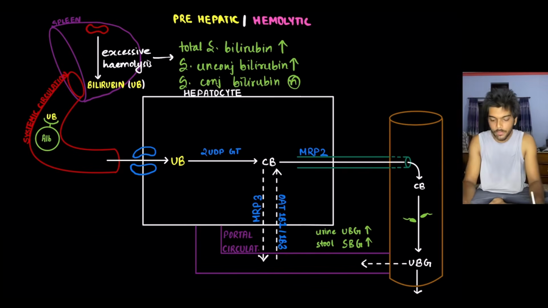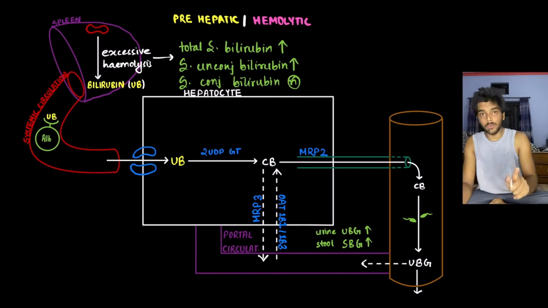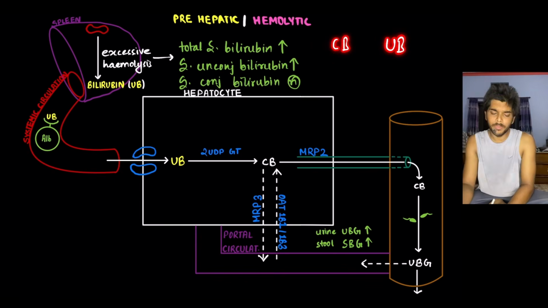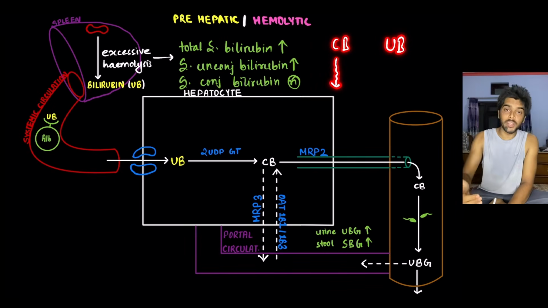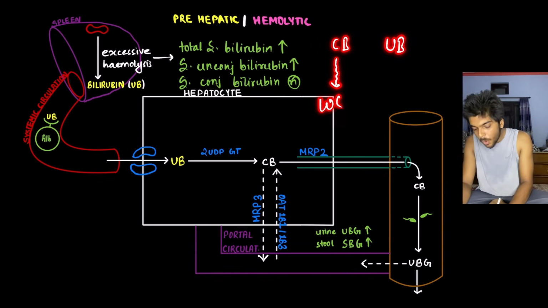Okay, now the presence of bilirubin in urine, is it there or not? See, I've already taught you that bilirubin is of two types, conjugated bilirubin and unconjugated bilirubin. Conjugated bilirubin, which is formed from unconjugated bilirubin within the liver, is water soluble.